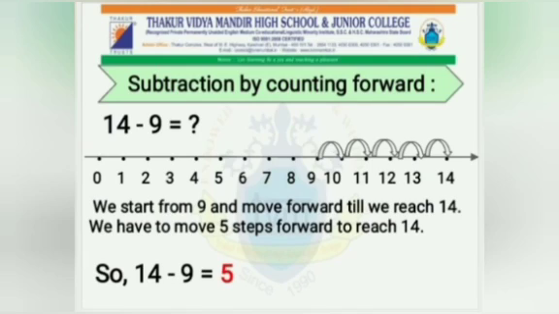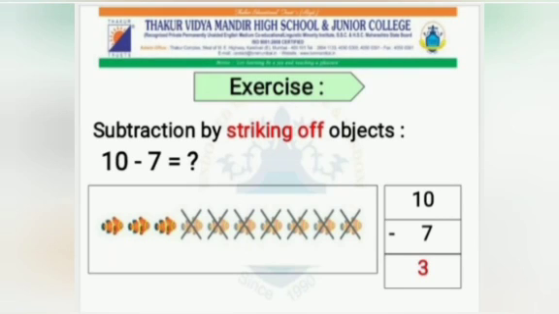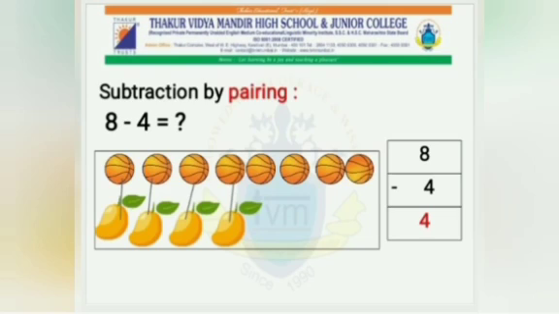Now let's start with the exercise. So ready? Get set, go. First, subtraction by striking off objects. Sum is 10 minus 7 is equal to 3. Next, subtraction by pairing. Here you will have to pair. Sum is 8 minus 4 is equal to 4.